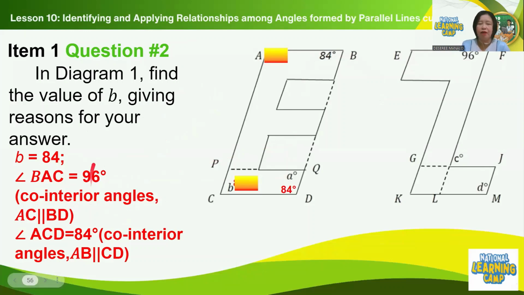So 180 minus 84 is 96 degrees. Another one is angle ACD, which equals 84 degrees. Again, the reason is they are co-interior angles. How did we get 84? Just subtract 180 minus 96. So that's why it is 84 degrees.